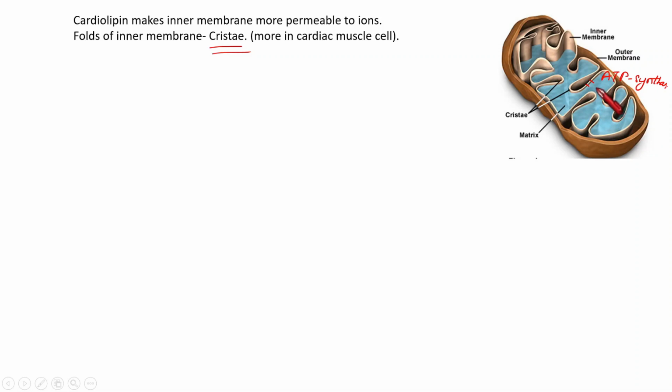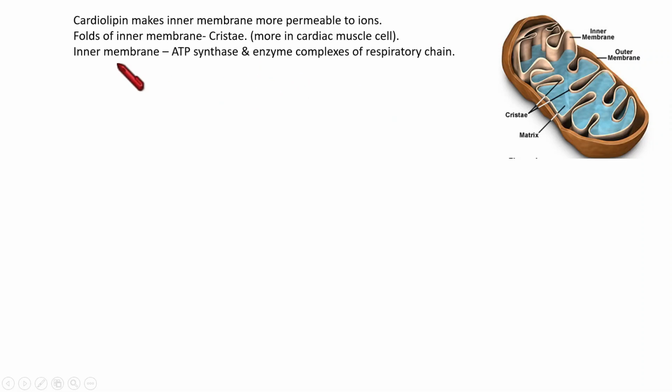What's the significance of having so many cristae? We know that only in the cristae portion is ATP synthase present. That is why cristae are more in cardiac muscle cells. Not only cardiac muscle cells, in any cell that requires more energy, the amount of cristae is high.